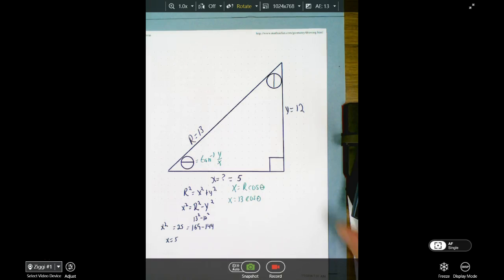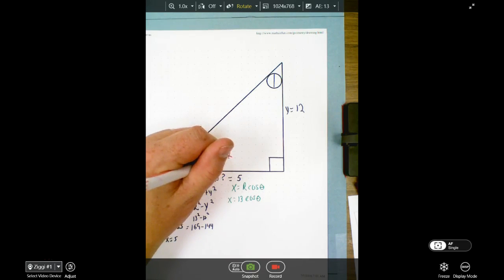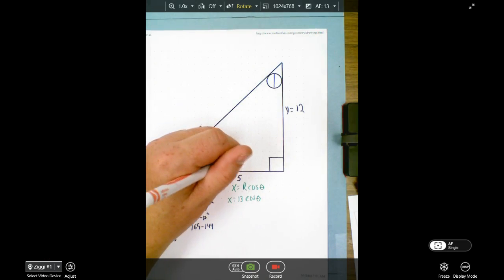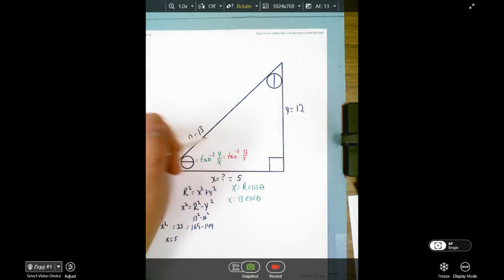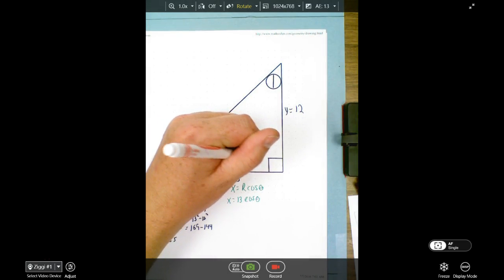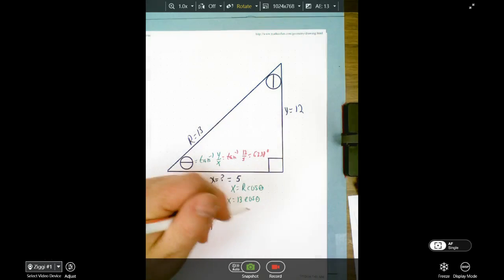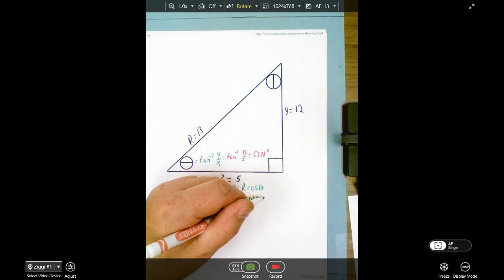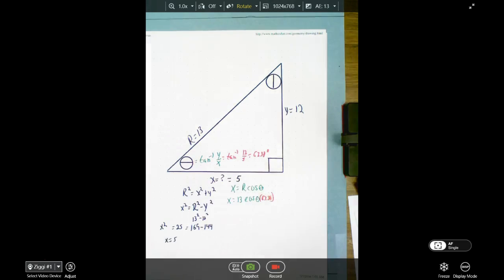Well, if we come along and say, calculator second tangent of 12 divided by 5, we get 67.38 degrees. So we could say this is 67.38 degrees.